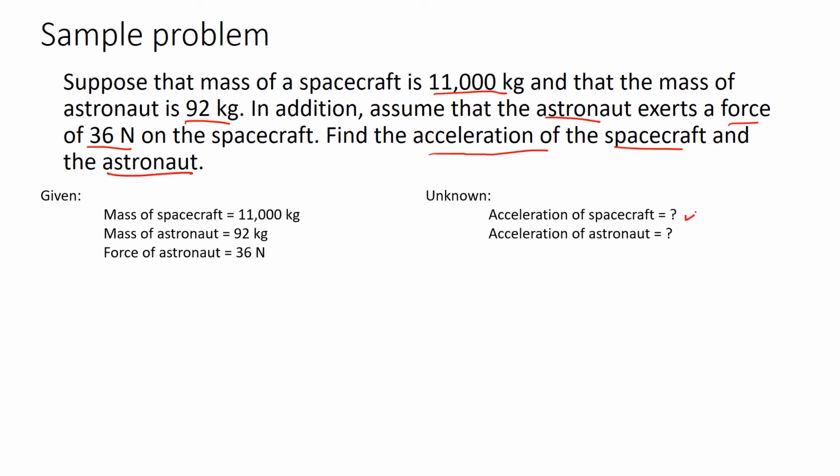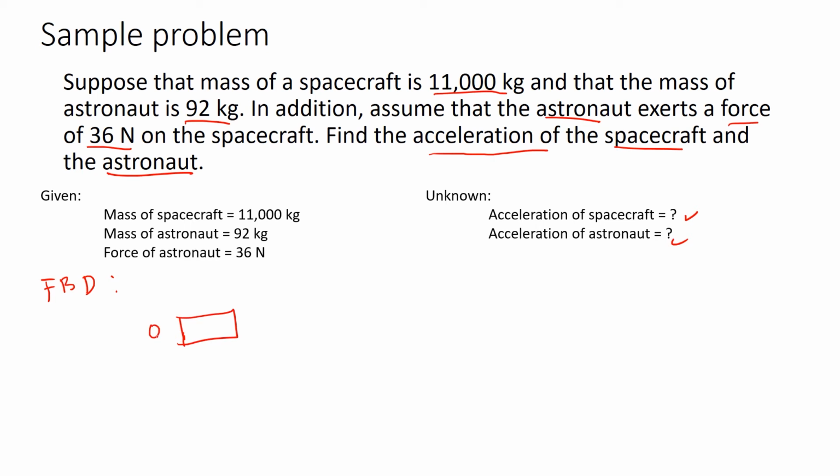Now for the solution, let us make a free body diagram so that we can simply visualize what is happening in this problem. Assume that this is the spacecraft and this one is the astronaut.